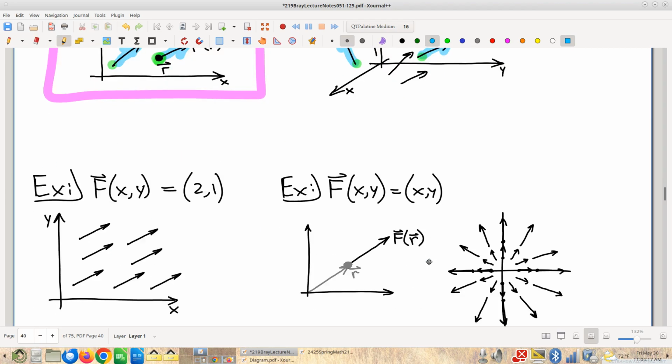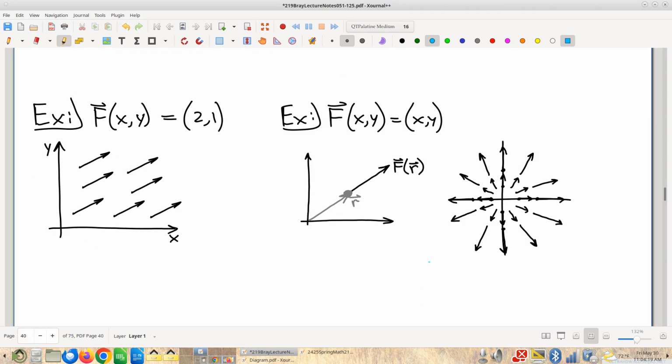Okay, so let's see some actual examples, a couple of quickies. So this first one that I have, the inputs, namely these points at which I've drawn a representative sample of the vector field. At each one of those, the field vector is 2, 1. That's our formula for the field vector at any point x, y. 2, 1 is the formula.